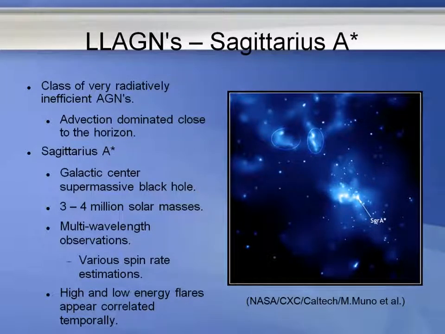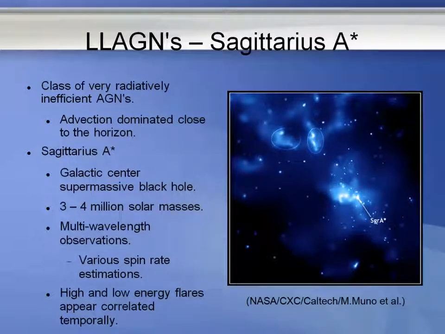Some of the bands are difficult to observe our galactic center with because of the dust and such between us and there, but we have a great deal of these multi-wavelength observing campaigns which have been used to constrain things such as the black hole mass, the black hole spin, and then various parameters for the accretion disk around the black hole. I also noted here that there are energy flares, radiative flares, happening in this environment.